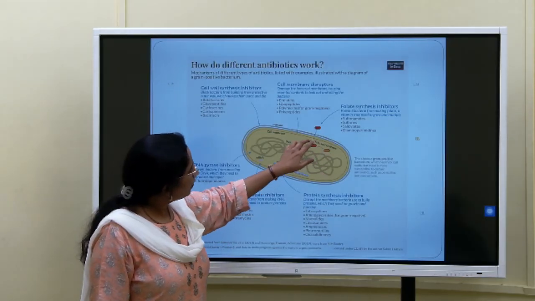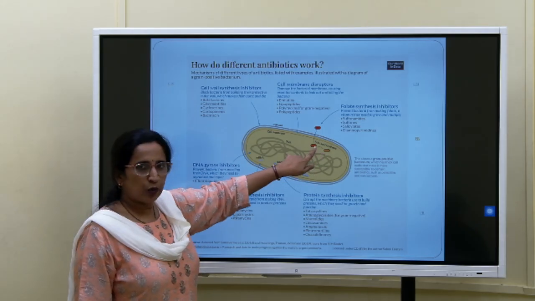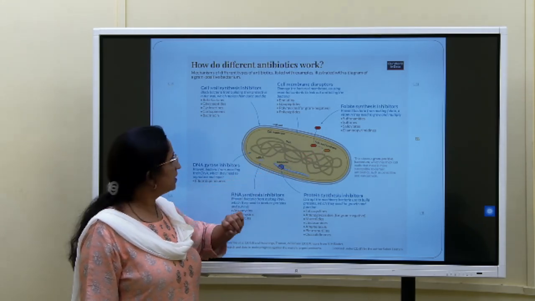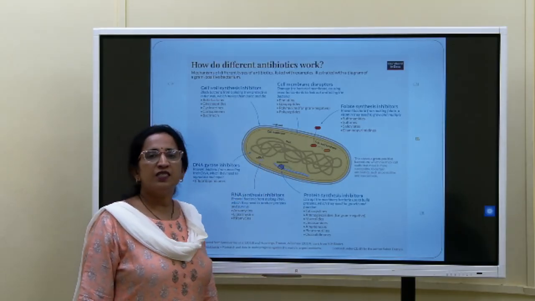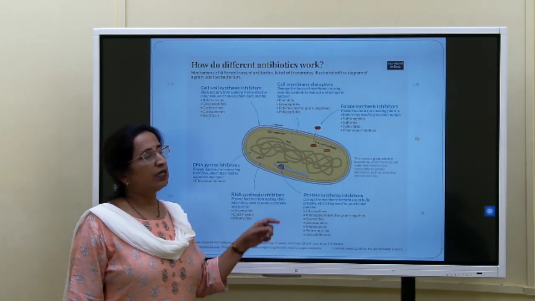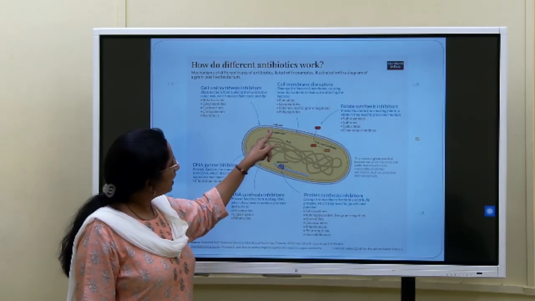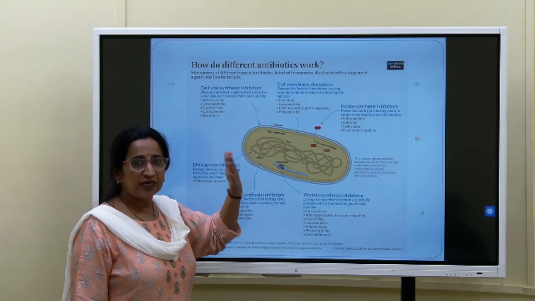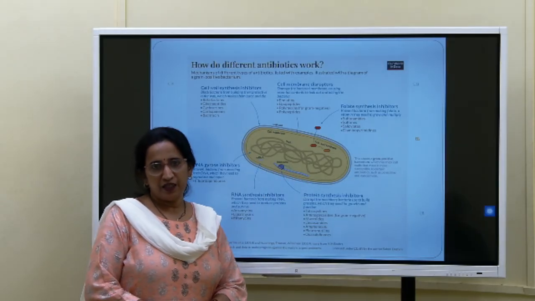Here you have another important biochemical pathway happening, that is folic acid synthesis. Also in this structure we can see two important parts of the bacterial cell, that is the cell membrane on the inner side and the cell wall, the outermost covering of the bacteria.